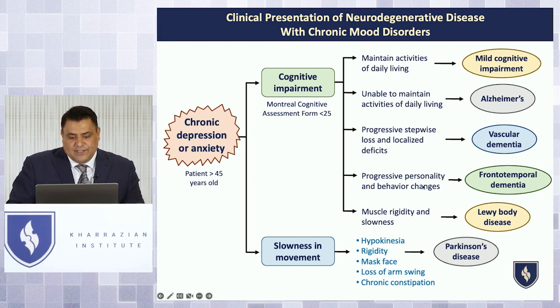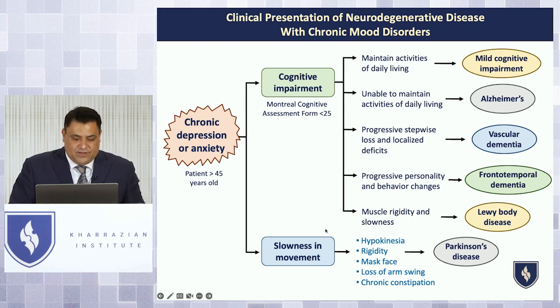And if you see personality changes where all of a sudden they're cussing at people, or going to a restaurant where they're always very polite and they're yelling at people, or they completely like different music, or all of a sudden become a chain smoker for no reason, or start gambling, that's when you start to think about frontotemporal dementia. And then if you have someone with chronic depression and anxiety, you should always look at their muscles, and if they have cognitive impairment and rigidity and slowness, you think of Lewy body disease, Lewy body dementia.